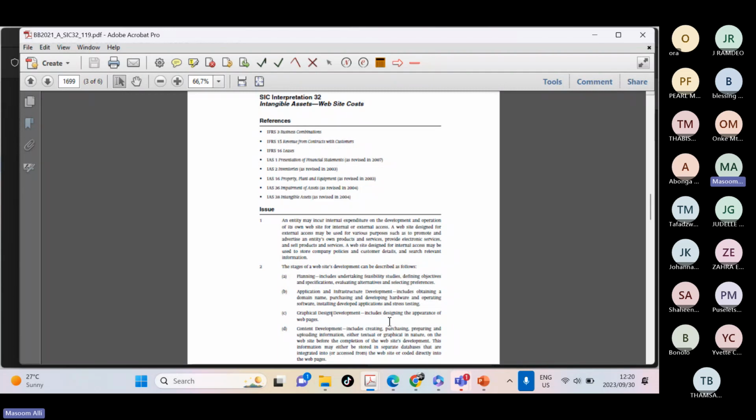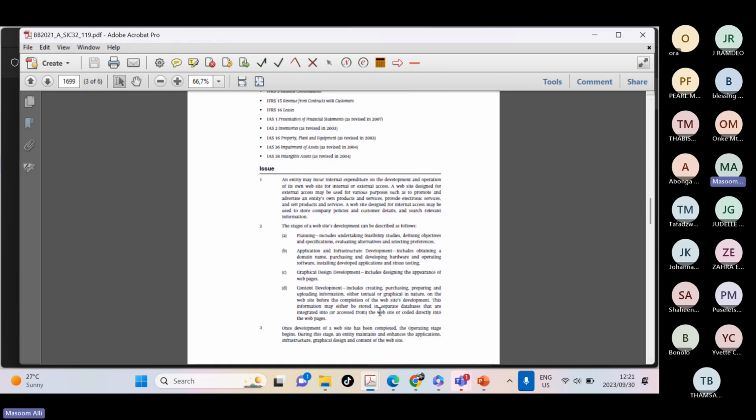If the purpose of the website is just for promotional activities, straightforward expense. If the purpose of the website is to generate revenue, we can place orders or something on it, then you will capitalize it, and you will capitalize this in terms of IAS 38.